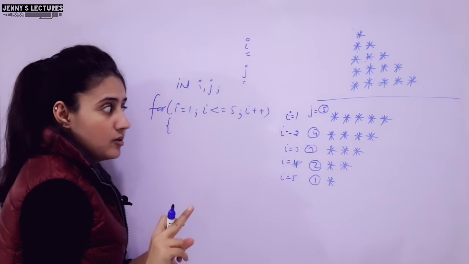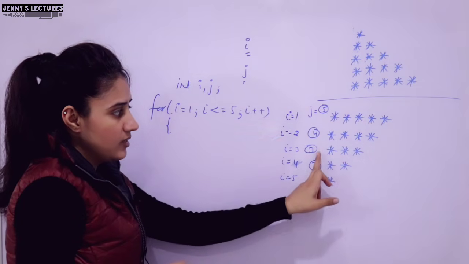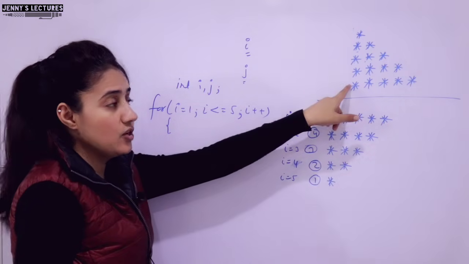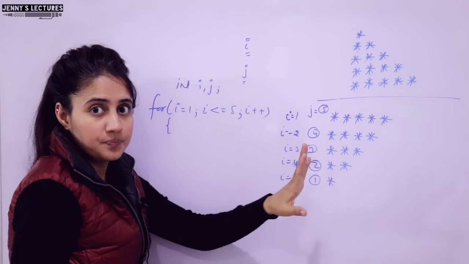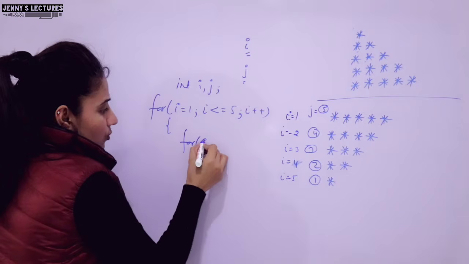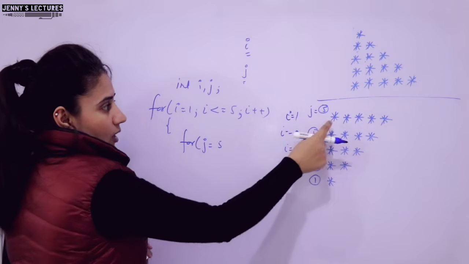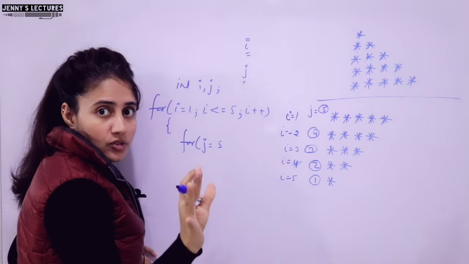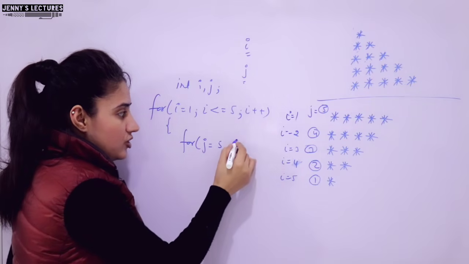Right? So now what will you do? How to write j? See, j is decreasing in this case. Here j was increasing before, so we will do j minus minus. j would be initialized with 5, because I want to print 5 stars.